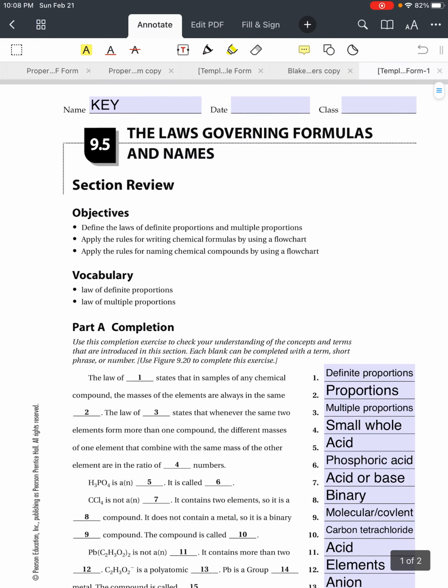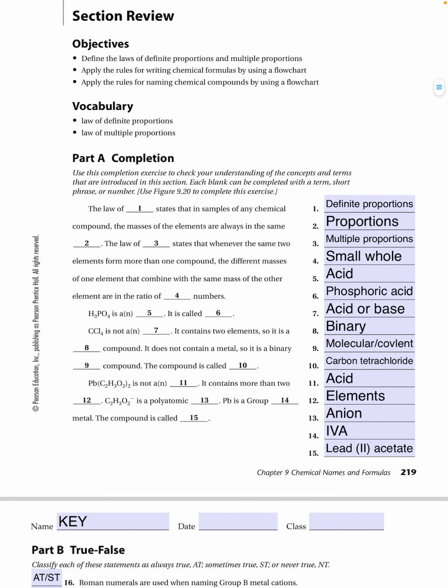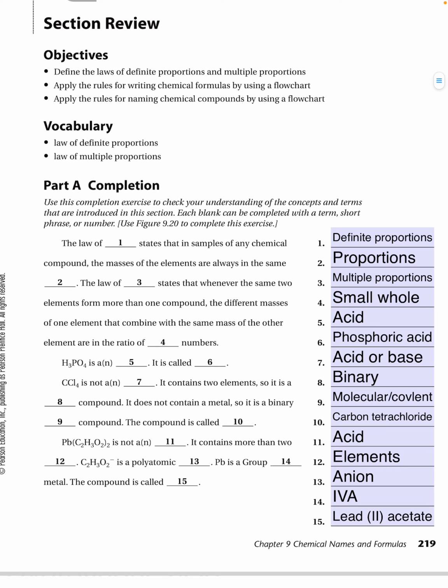And here is your homework. I will just quickly go through it from a review standpoint. You can do a screenshot or open up yours and start using my answers as you wish. Anyway, number 1 is definite proportions: the law of definite proportions states that in samples of any chemical compound, the masses of the elements are always in the same proportions.